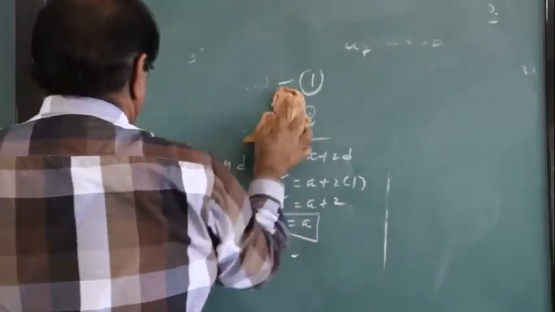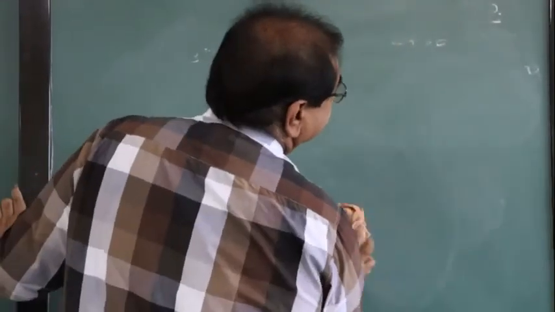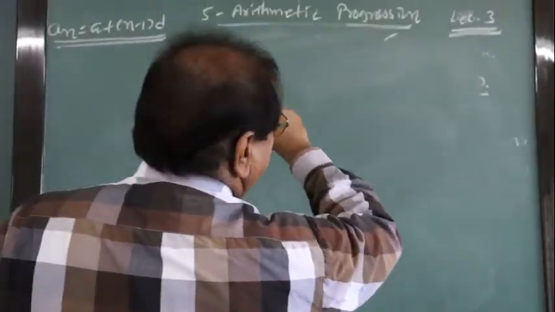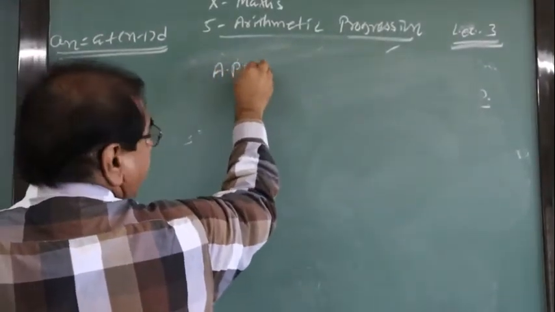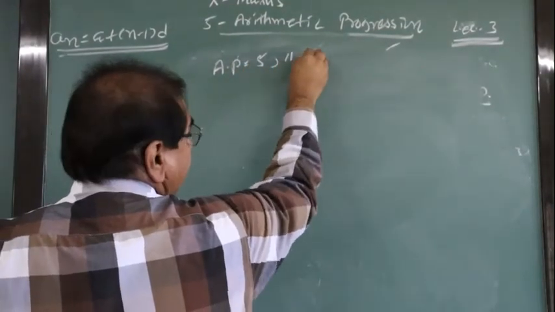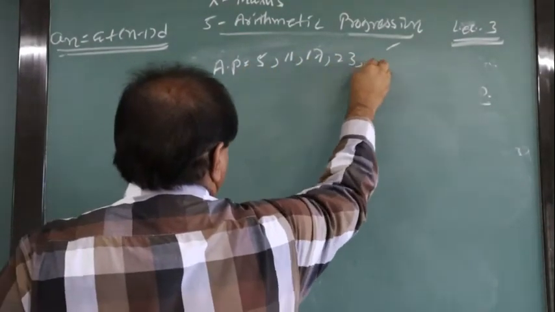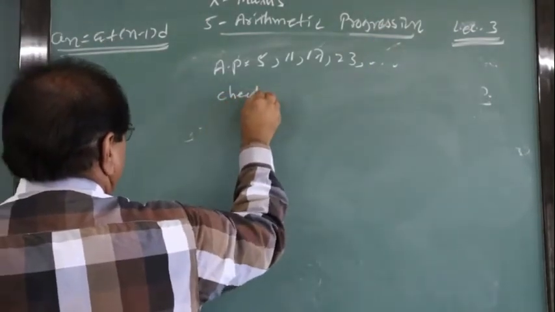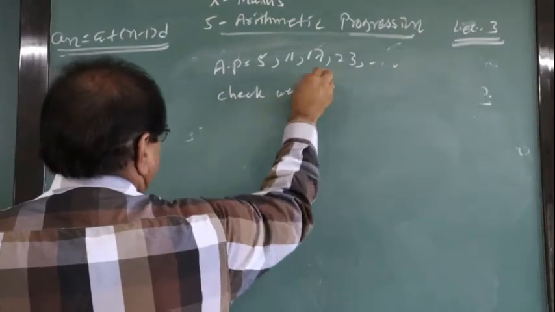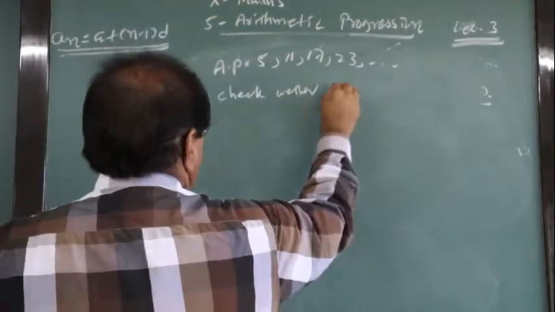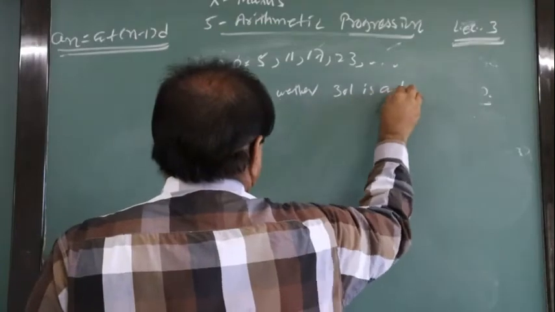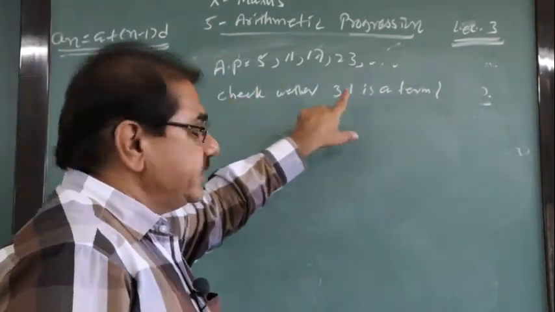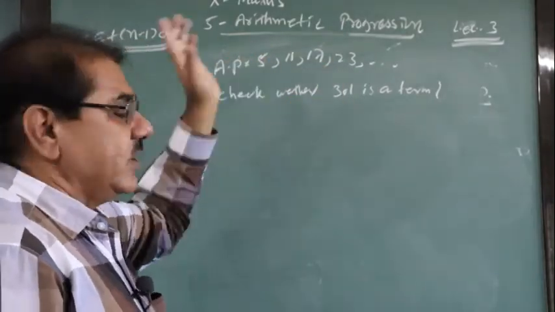We go for the next example. You are given an AP 5, 11, 17, 23 onwards and check whether 301 is a term of this AP.